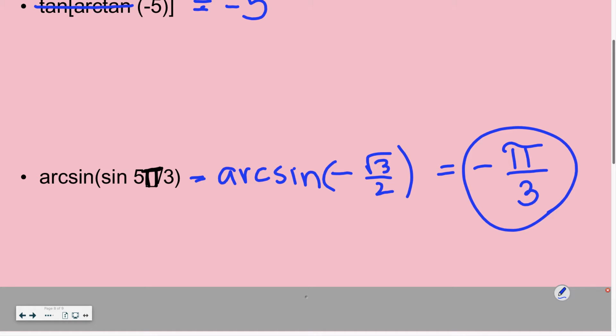Are you saying you could do some of that in your head? Well, I got the negative pi over 3. That's why I was saying that for the middle step, but I didn't know why. So you can probably get to negative pi over 3 without that middle step, but some of us need the visualization of doing the inside first and then doing the outside. Okay. All right, we'll do one more example.